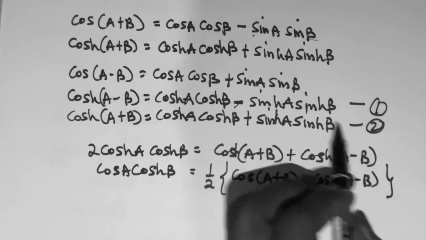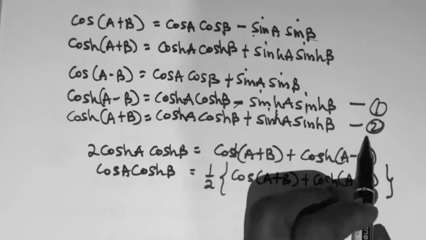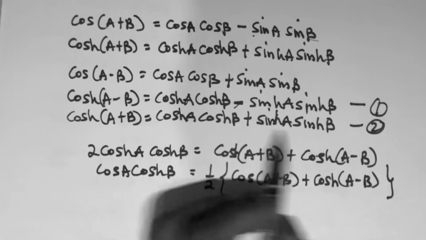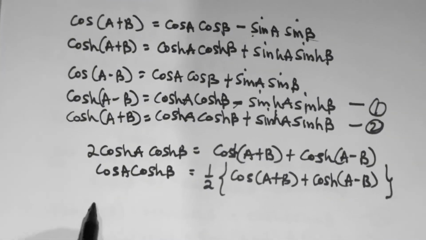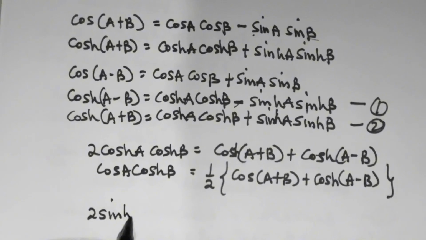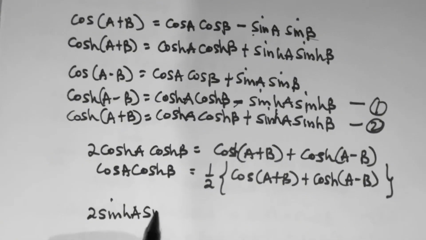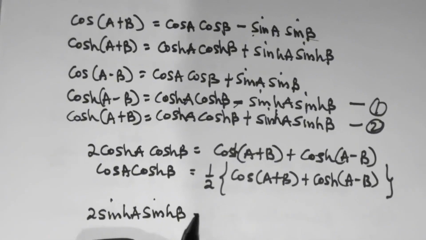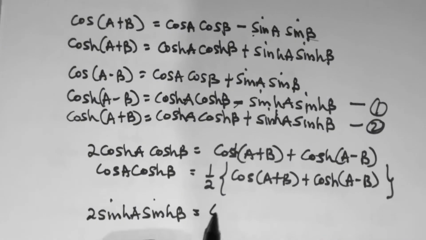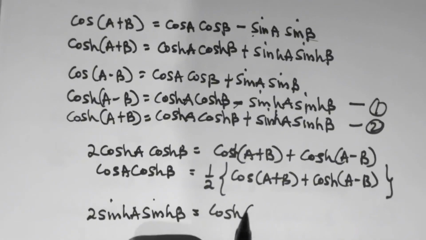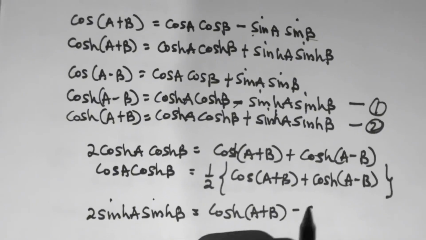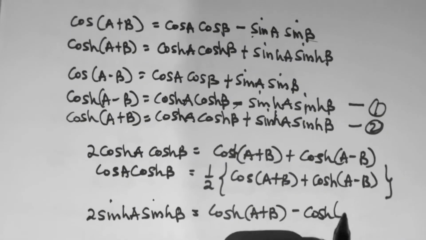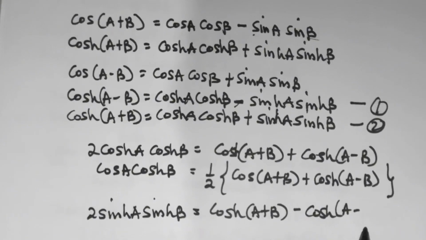And then we could have also subtracted. So if we subtract equation 1 from equation 2, this side goes to 0, and here becomes 2 sinh A sinh B equals cos(A plus B) minus cos(A minus B).